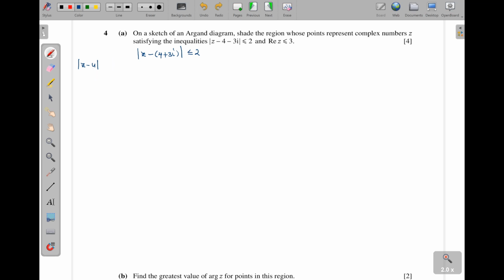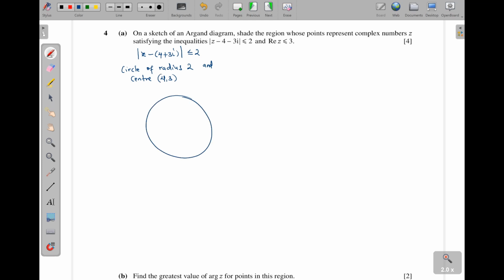Now what we are going to do, this one is going to be a circle of radius 2 and center 4, 3.